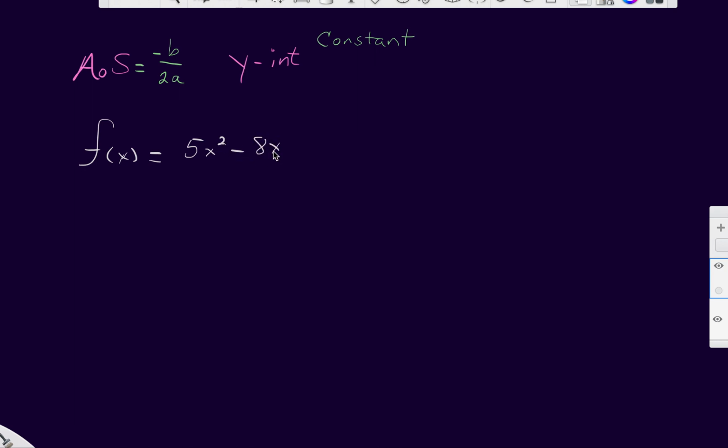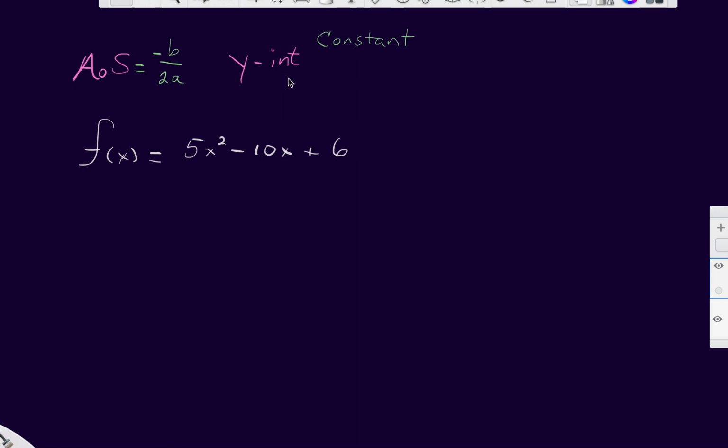Oof, that's a horrible one, don't do that. Let's say minus 10x plus 6. Right, so now we have our function given to us.